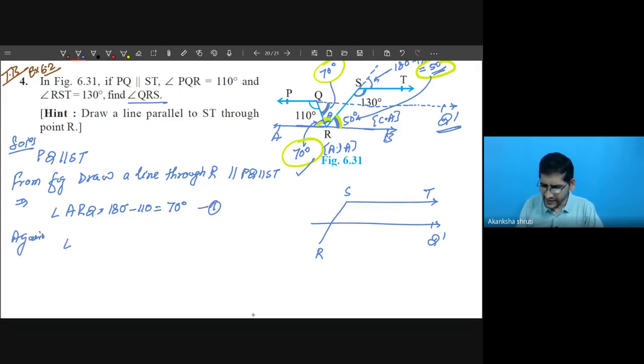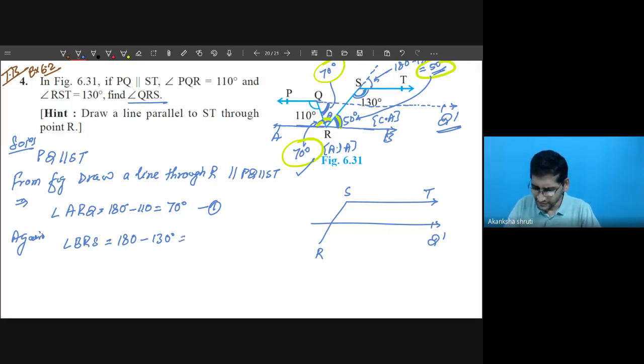Again, what is our angle BRS? BRS plus, so this angle is 180 minus 130. Or last day I had also explained that the sum of the interior angles on the same side of the transversal is also 180. So by that way we can also get it.